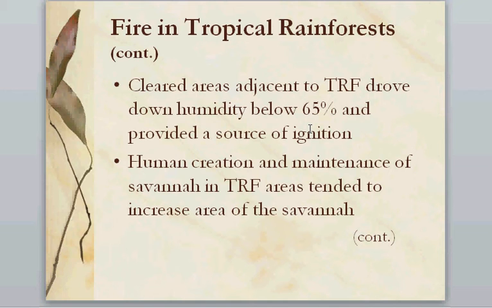So human creation and maintenance of savanna or grassland ecosystems in tropical rainforest areas tended to increase the area of savanna. And this is not a recent process. This has been going on for thousands of years. As I said previously, in northern South America, there's a large savanna in the northern part of Brazil, in Venezuela, and it spreads into Guyana as well, called the Grand Savanna.